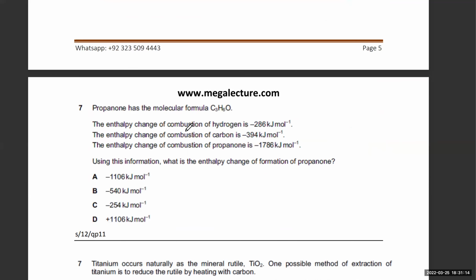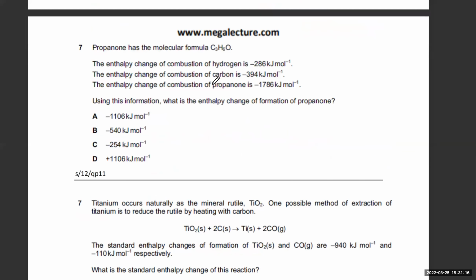These are mostly easy. In this case, combustion is given, so it's reactants minus products, but first you figure out the equation. Okay, what is the equation that they're looking for? Formation of propanone, so that's C3H6O. And it's going to be 3C plus 3H2 and plus oxygen.